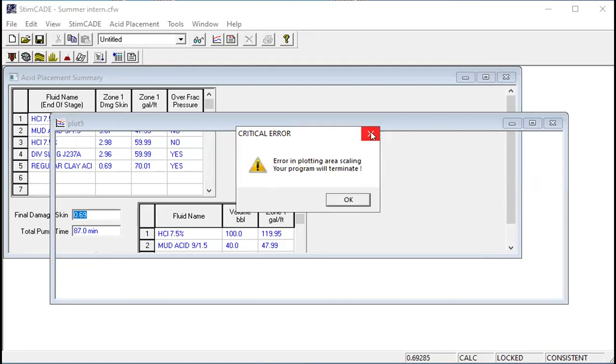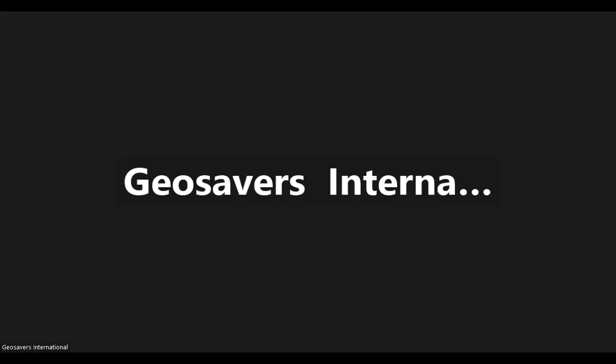All right, this one can plot only for a carbonate reservoir. I've closed the, the system has crashed. All right, so anyway, that's what we have.